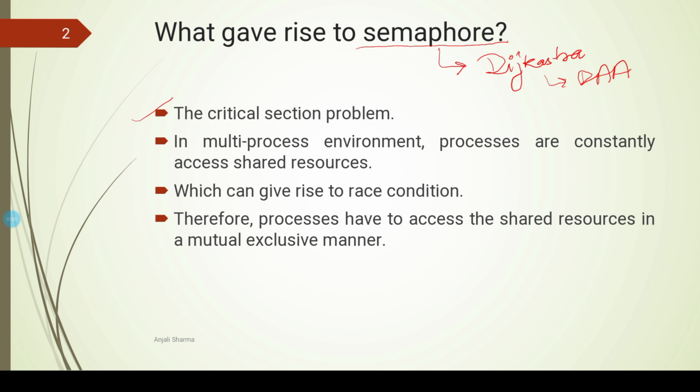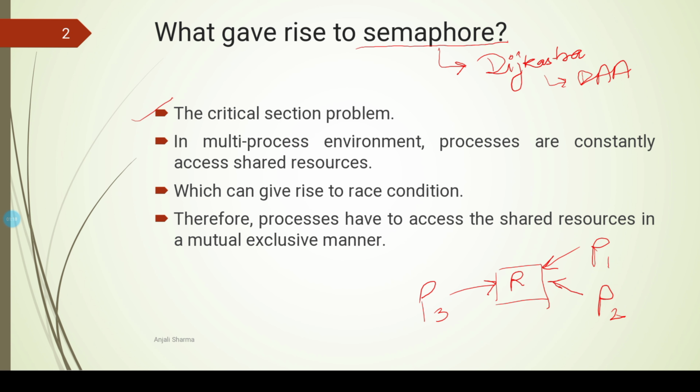We know the concept of the critical section problem, that we have certain shared resources, and there are several processes in the system. These processes are trying to access these shared resources.